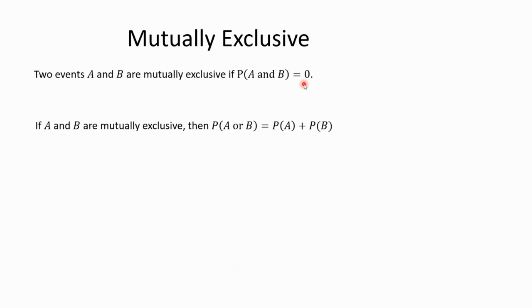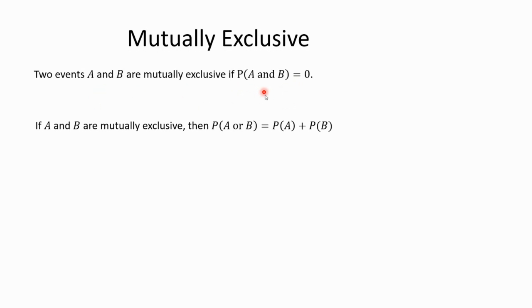In other words, it's impossible for events A and B to occur at the same time. So that's what it means to be mutually exclusive: if the probability of both occurring is 0.